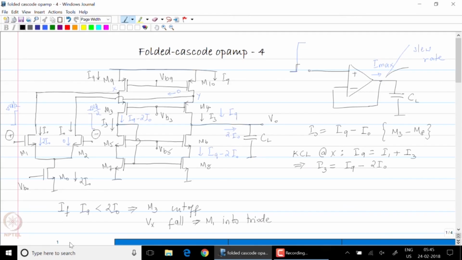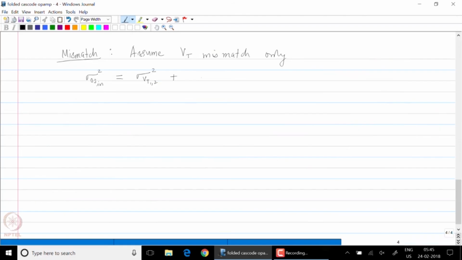We have seen this effect before, even for the telescopic op-amp, and therefore the other expressions you will get will now depend on VT 7 and 8 and 9 and 10. As you might imagine, the VT mismatch between M7 and M8 looks very similar to that of a telescopic op-amp case, and will be scaled by the ratio of the GMs of M7 and M1.